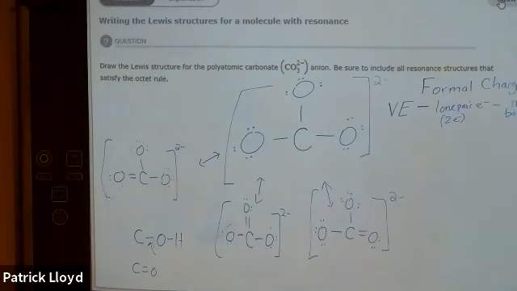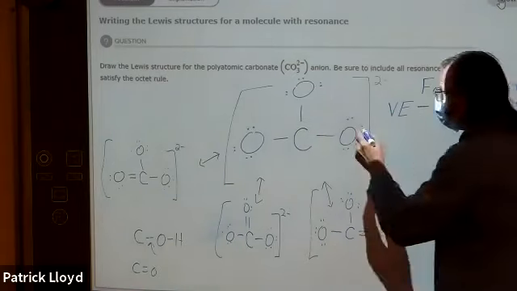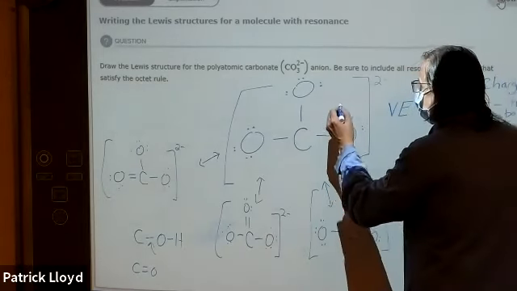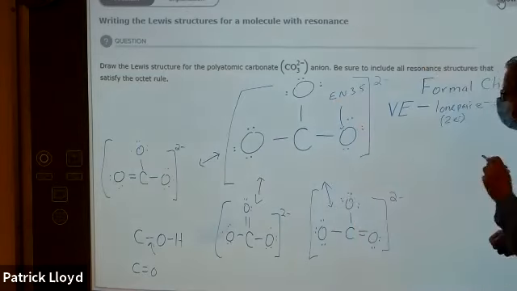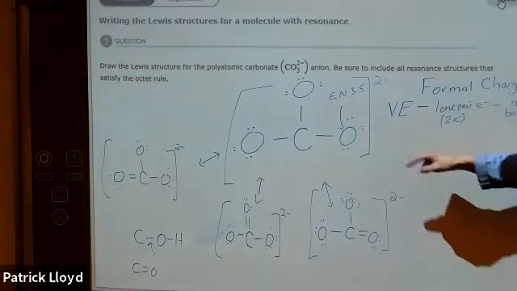And in general, there's a couple of rules of formal charges. One is, if you get a negative value when you do this calculation, the negative should be on the more electronegative element. Oxygen is one of the most electronegative elements, 3.5. So if you get a negative formal charge, it should be on the oxygen.